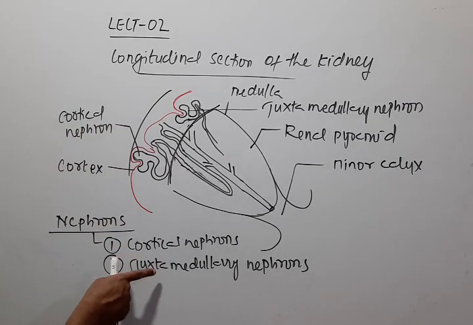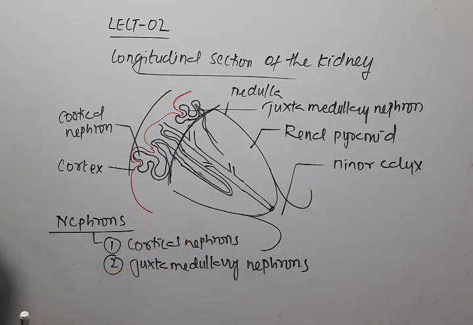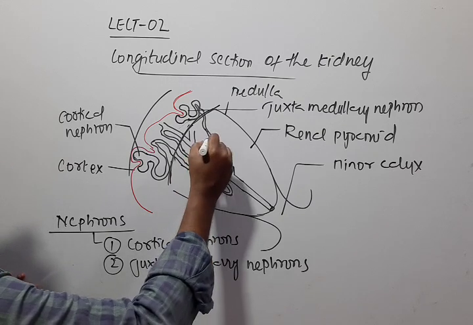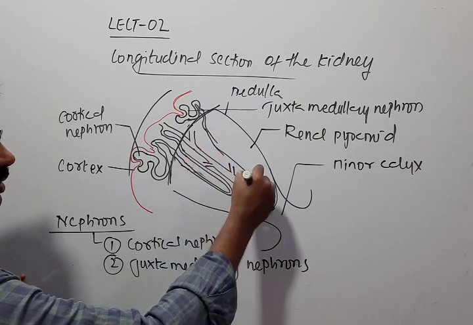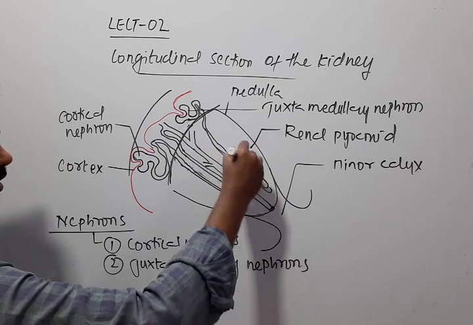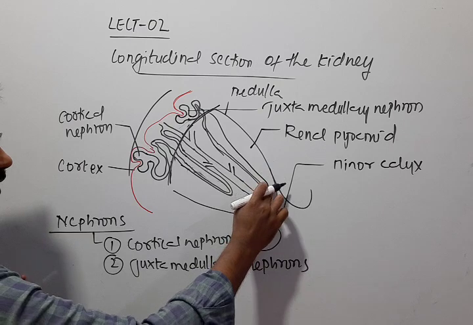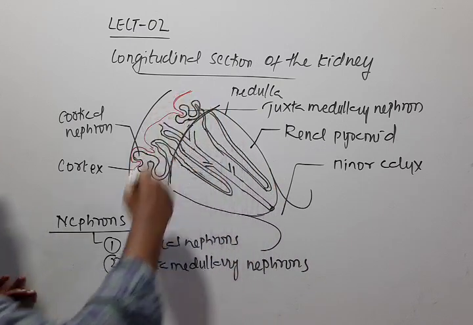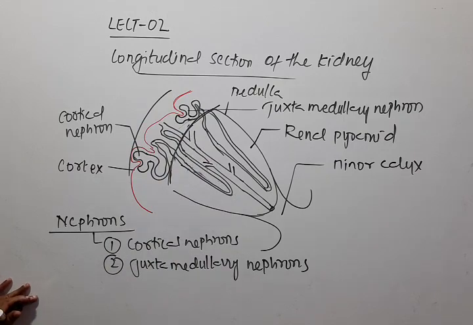And one more difference between the cortical nephrons and juxtamedullary nephrons is that in case of these juxtamedullary nephrons, the loop of Henle will be very long, okay, so it will be very long. So you can see here it's much longer than what we see in case of the cortical nephrons.